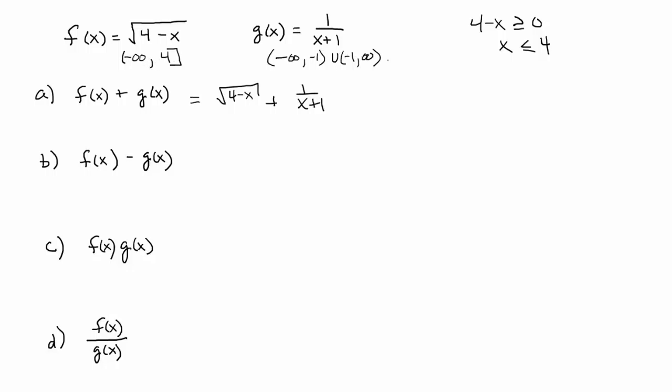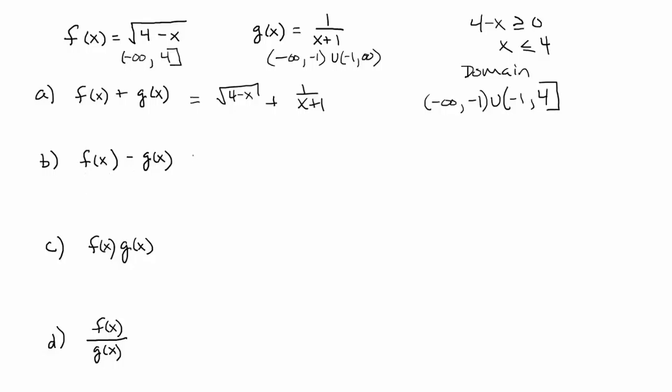We need to combine their two domains. So if we look at the first domain, negative infinity to 4, including 4, and then we just have to exclude the negative 1. So here the domain is going to be negative infinity to negative 1 union negative 1 to 4.